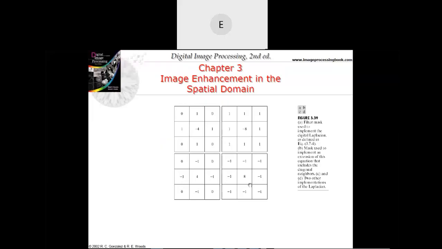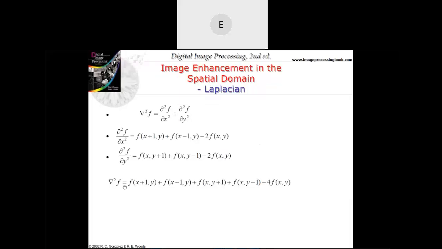Of course, if I introduce the diagonal neighbors, center value is +8 and all the neighbors are -1. So these are the 4 different filter masks that are used. Normally, we will be using this or this, not these two, because this is taking care of the diagonal edges also. But this is actually the Laplacian, which is taken only along x and y direction.